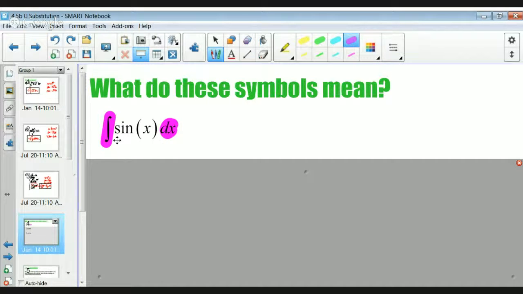Combined, they tell you to find all antiderivatives of the stuff in between. So this means find all antiderivatives of sine of x, where the variable we're working with is x. That's indicated here by the differential, with respect to x.